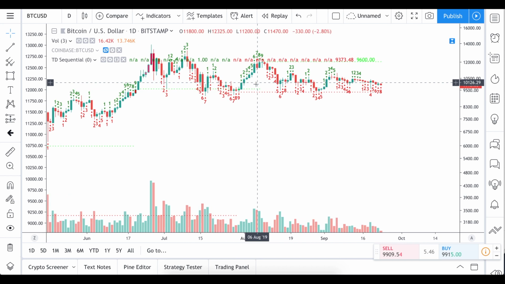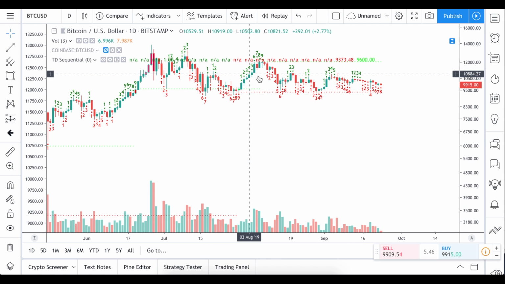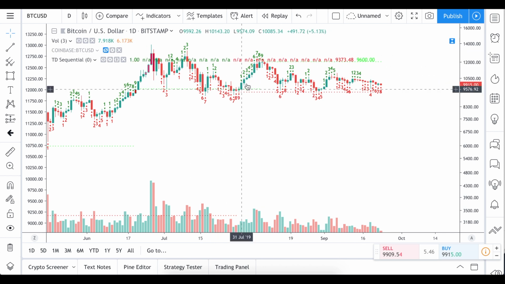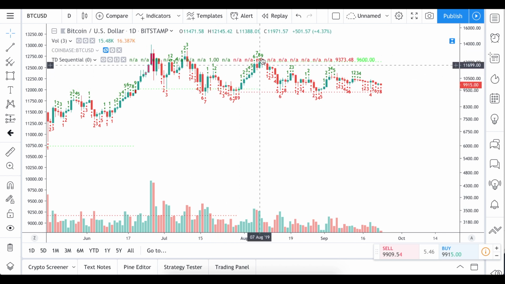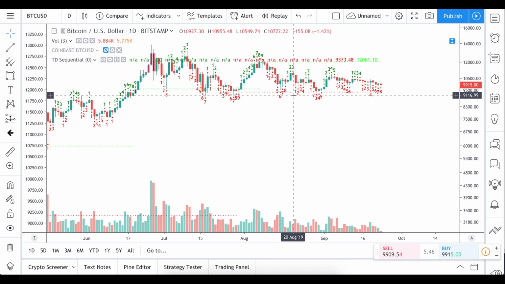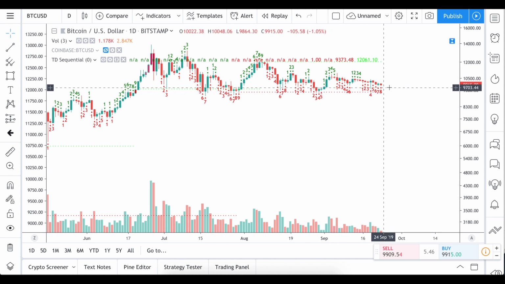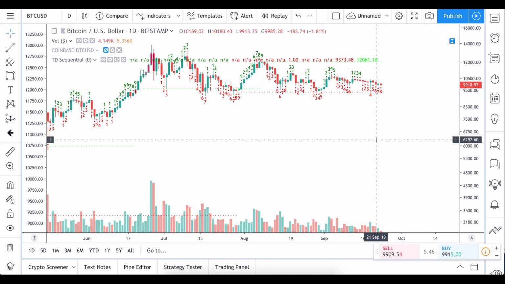On the other hand, over here it was red 9, green 1, and within this correction we had a significant rise. Or vice versa, in this area we had the green 9, red 1, and then we went down. So in principle, if we see the red 9 and then green 1, it might be the beginning of the rise, temporal or major, but still this is an argument for the bull scenario.